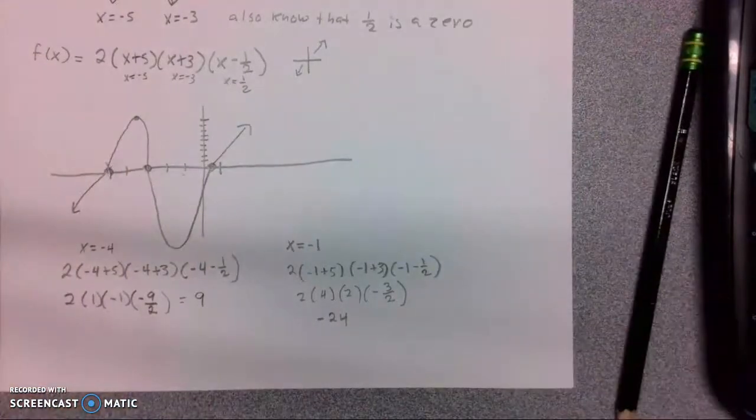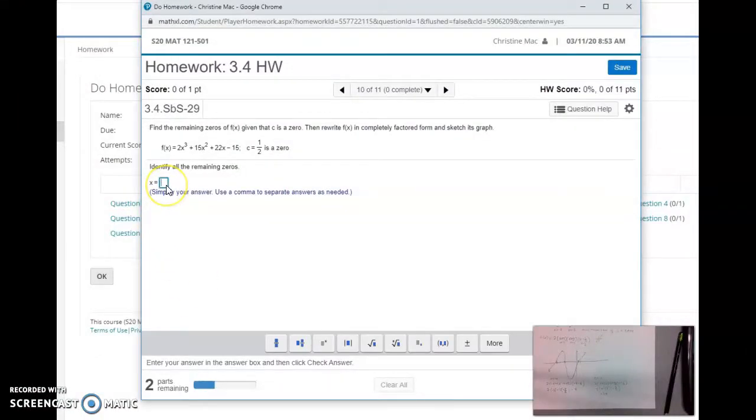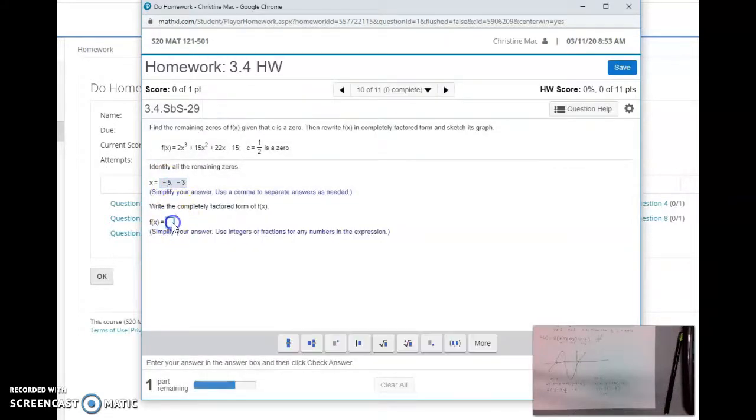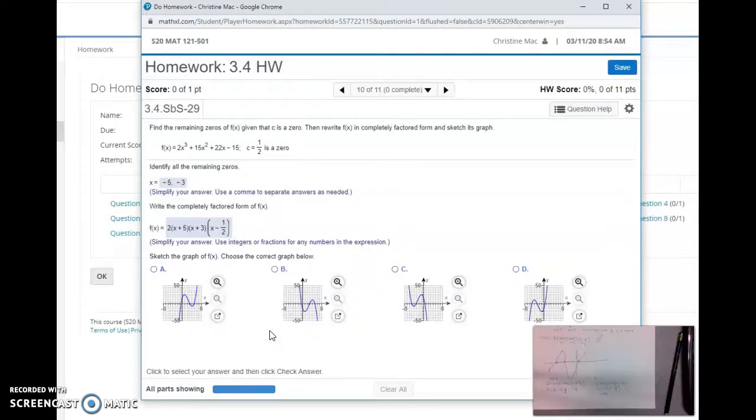Okay, so let's go ahead and enter this information into my math lab. The remaining zeros are -5, -3. Completely factored form, we got 2 times x plus 5, x plus 3, x minus 1/2. So now we have to sketch the graph.